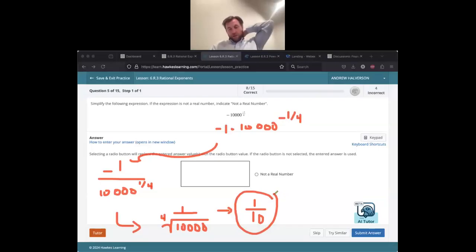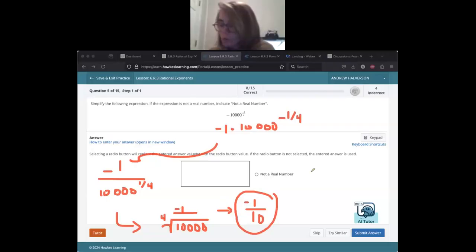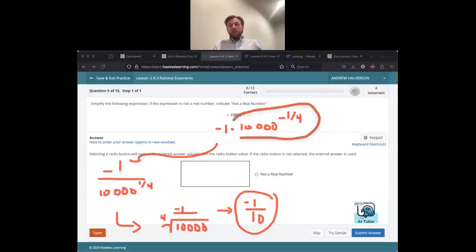Do you have to know that? No, calculator. So it's negative 1 over the 4th root of 10,000. I forgot my negative. So it's negative 1 over the 4th root of 10,000, because this thing is the one that's being raised to the negative 1/4. So it's the one that shifts across the fraction bar. Only that part.